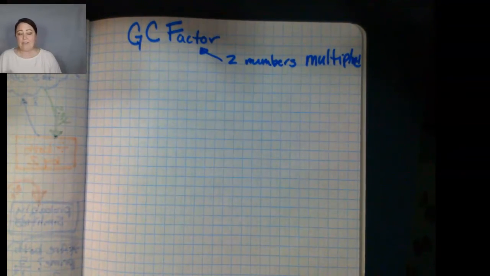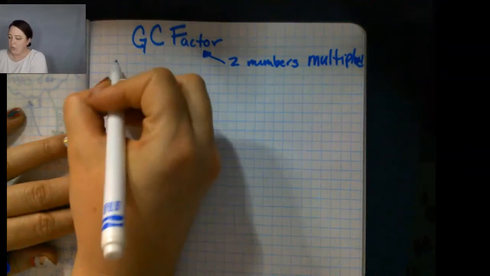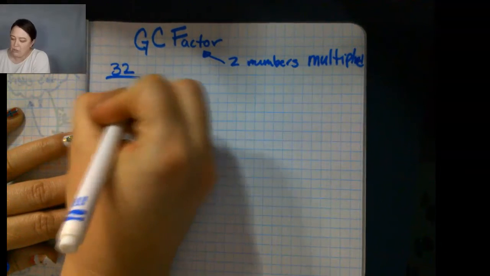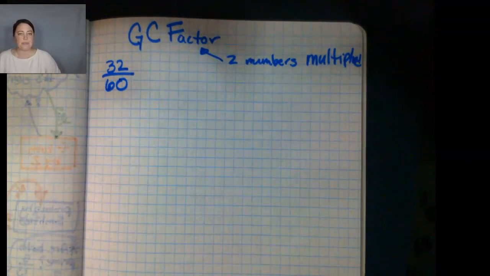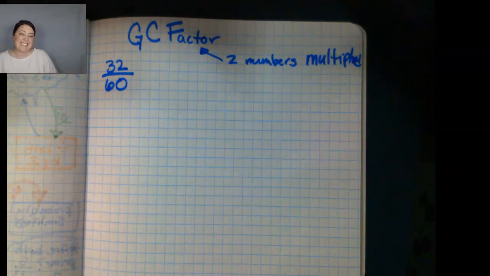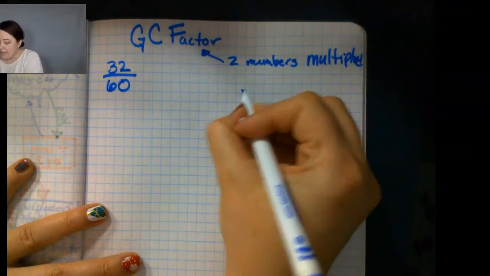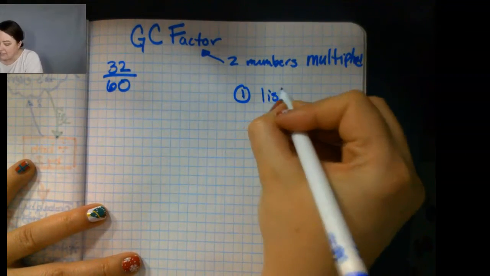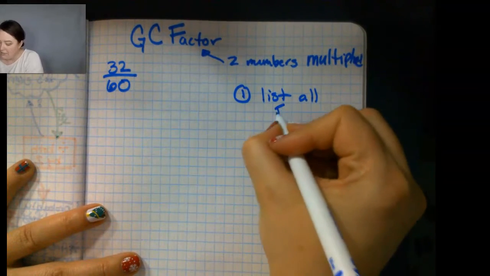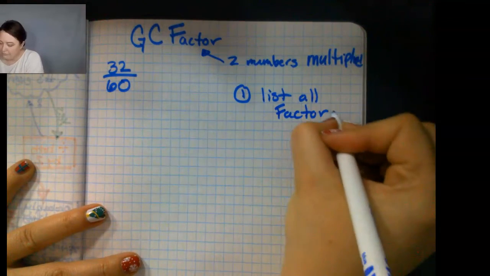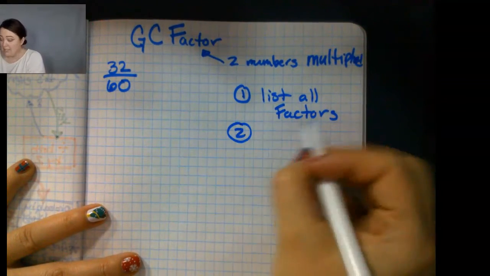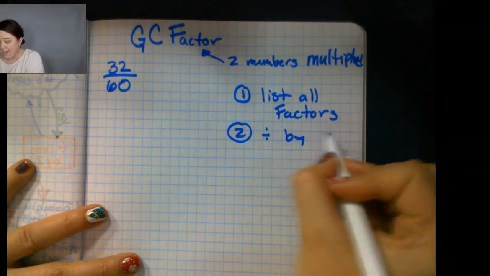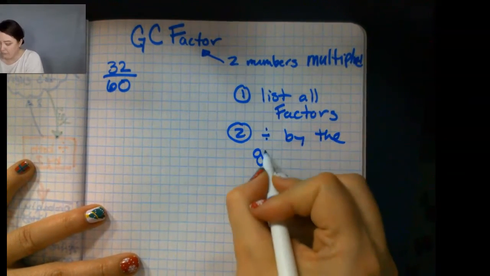So if I have 32 sixtieths, and I needed to simplify that using the greatest common factor, Step 1 is list all factors. Step 2 is divide by the greatest.